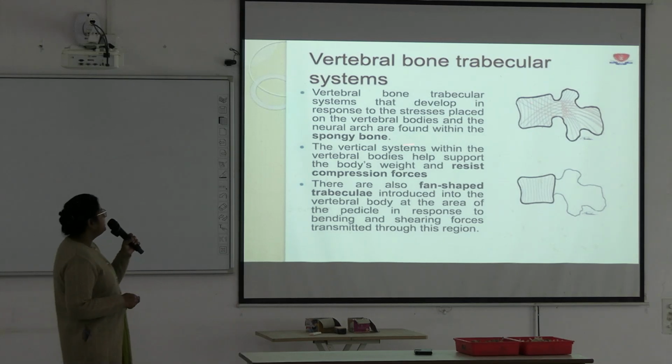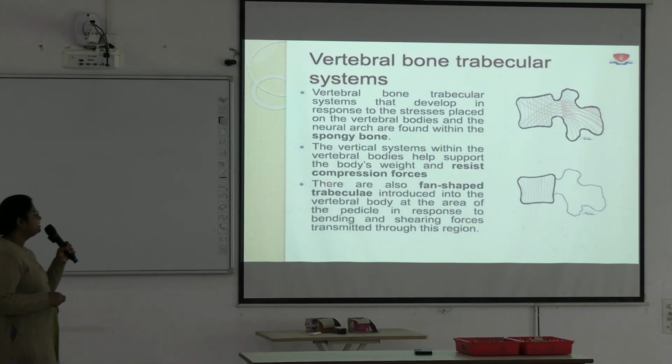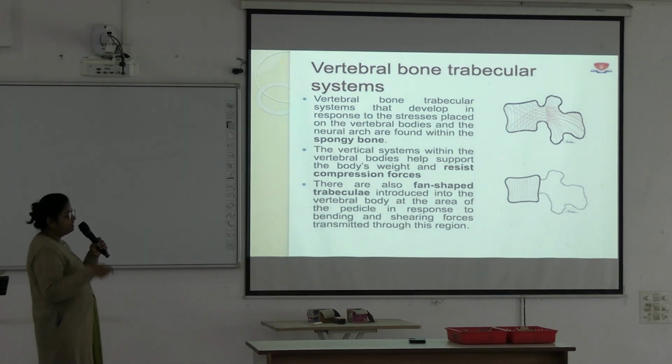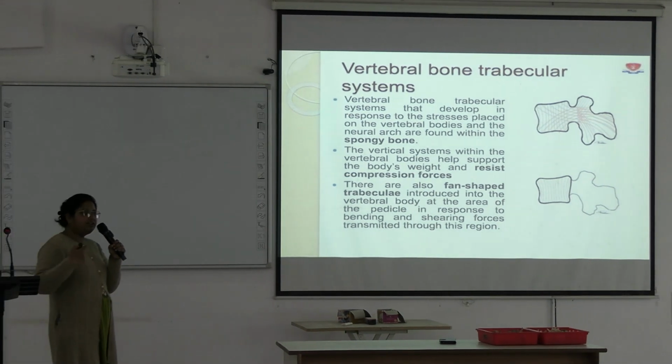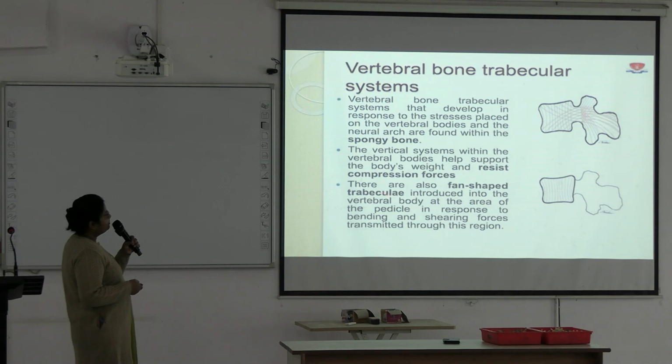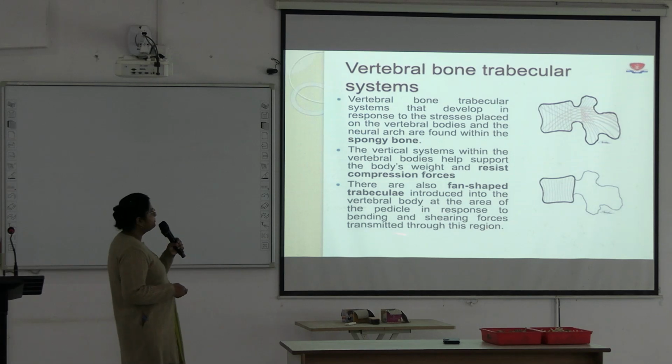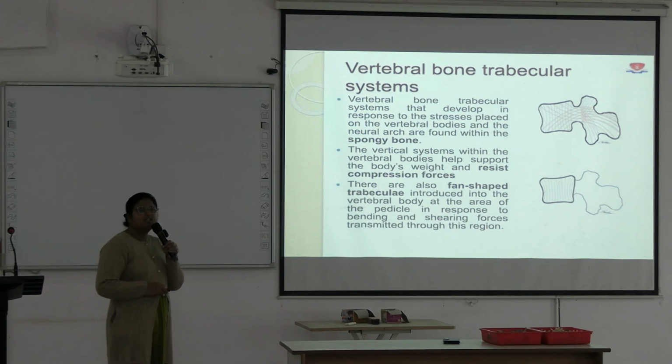The vertical systems within the vertebral bodies help support the body weight. The vertebral column carries the body weight and resists compression forces. There are also fan-shaped trabeculae introduced into the vertebral body at the area of the pedicle in response to bending and shearing forces transmitted through this region.